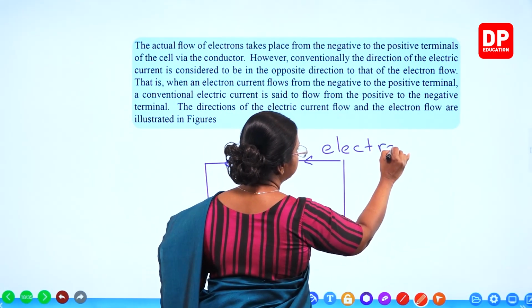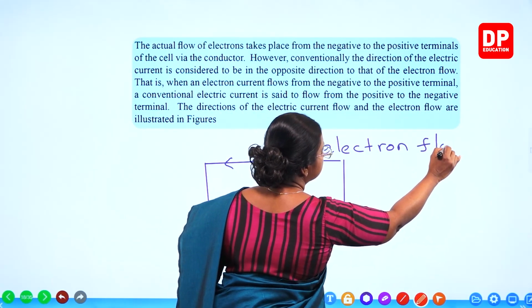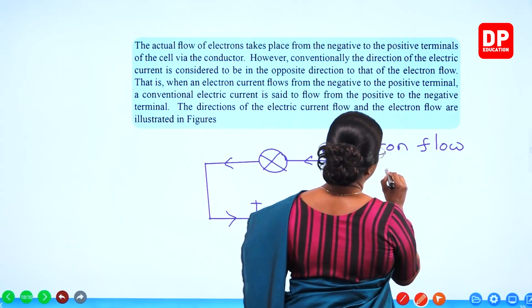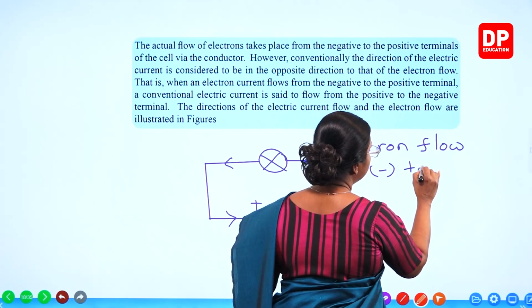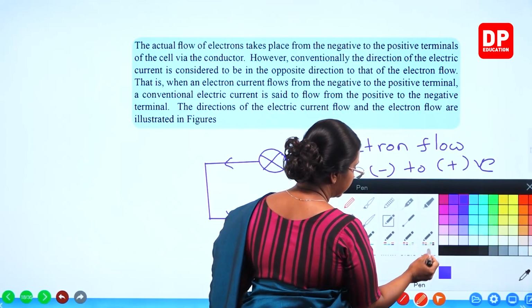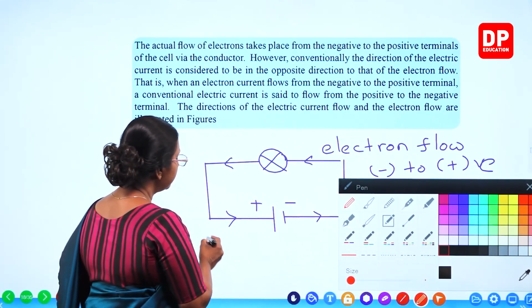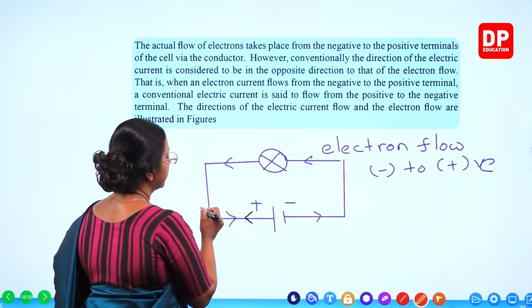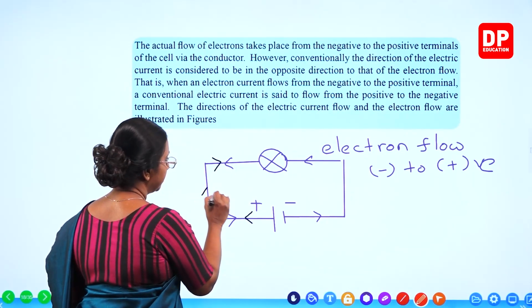Electron flow from negative to positive. But the current flows in the opposite direction. That is the convention.